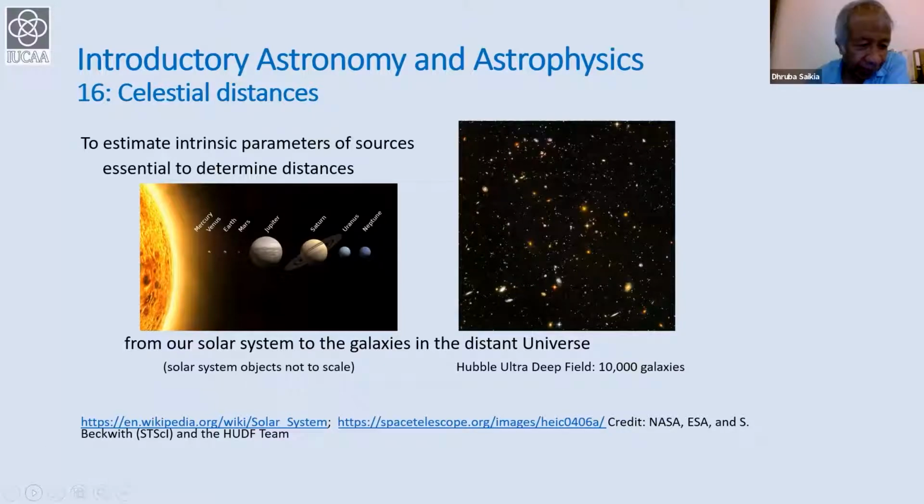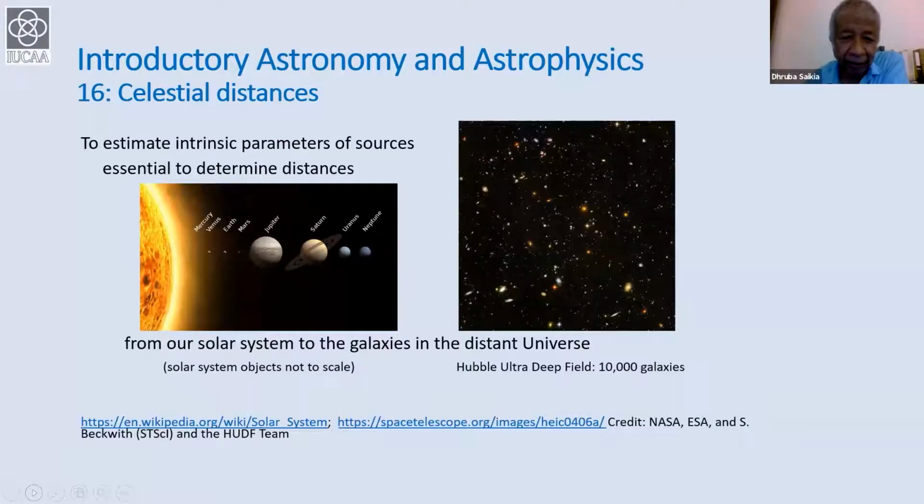So we will go step by step and see how these distances, often referred to as a cosmic distance ladder, because it's really built up rung by rung, have been arrived at over decades and decades of extremely careful work in recent times.